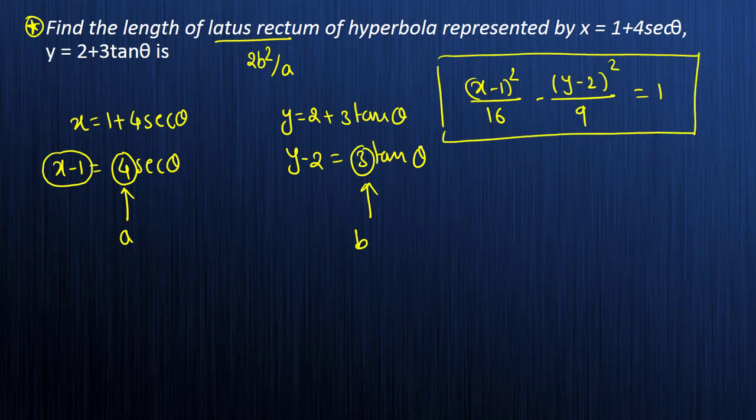But what they have asked is 2b square by a. So 2 into b square, which is 9, divided by a, which is 4. The 2 cancels with the 4, so 9 by 2 is your answer. That is the length of the latus rectum of this given hyperbola. It's very simple. Please make a note of this.